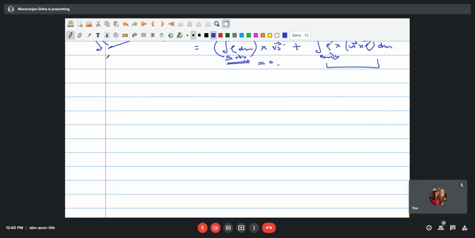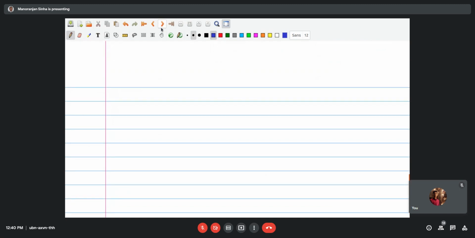So therefore we have h equal to rho cross omega cross rho, and this integration over the whole body, either we show it like this or you can show it over the body. Both are okay. We can expand it and write it this way.